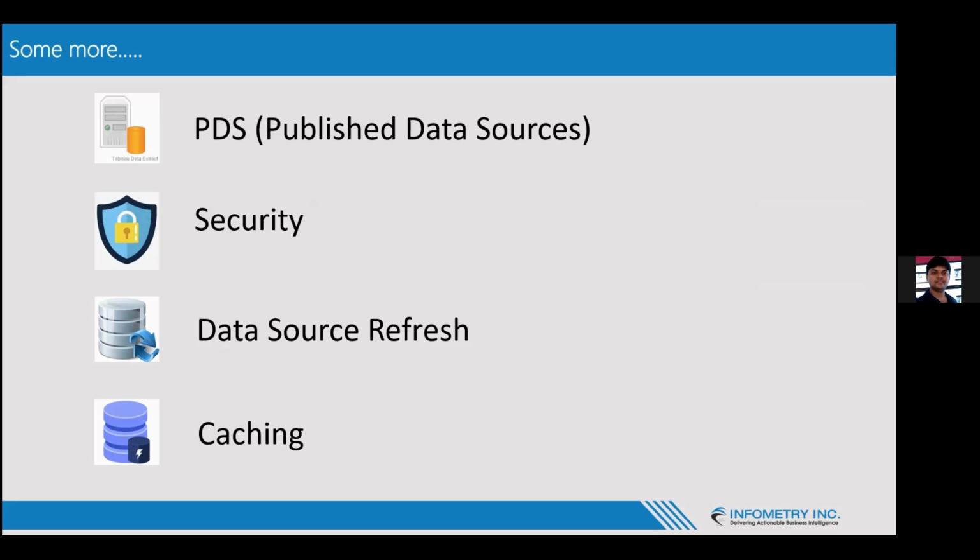That is a static one. It won't be up to date unless we refresh it frequently. So we have to do refreshes for those Tableau extracts very frequently. That will give up to date data to the users.